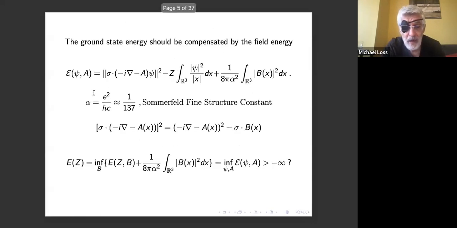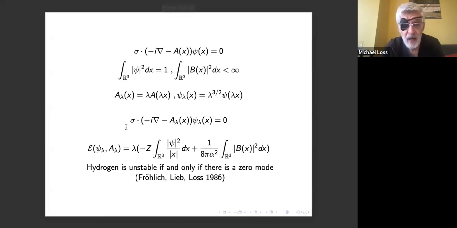Remember, I told you that here, what is the Z? The Z shouldn't be too big. So what would be a bound on Z? I simply take the field energy, divide by the Coulomb energy, and take the infimum over all zero modes. That would give you, in some sense, a critical Z. Elliot and I worked this out and estimated it at about 17,000, which is fortunate.